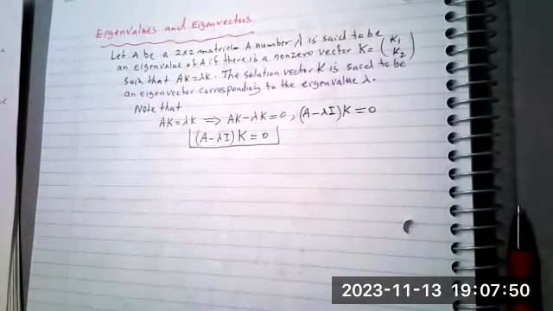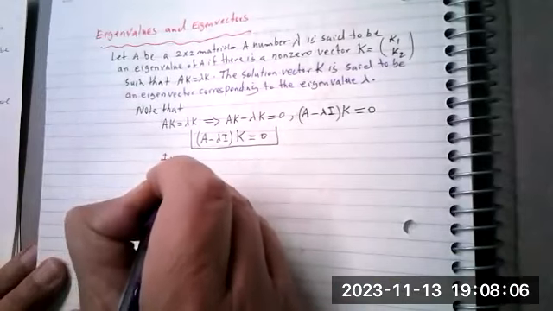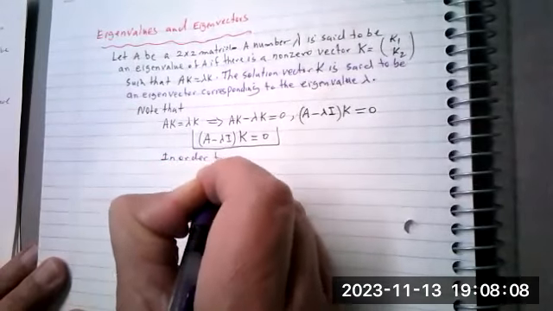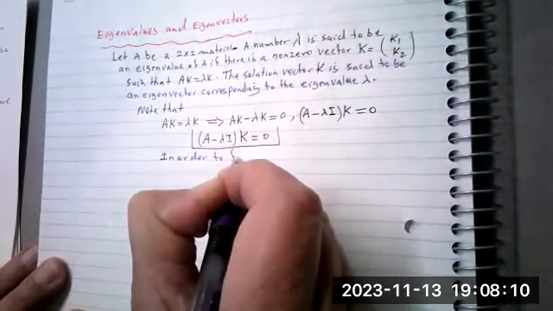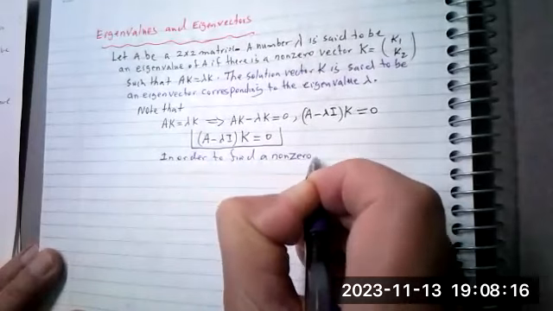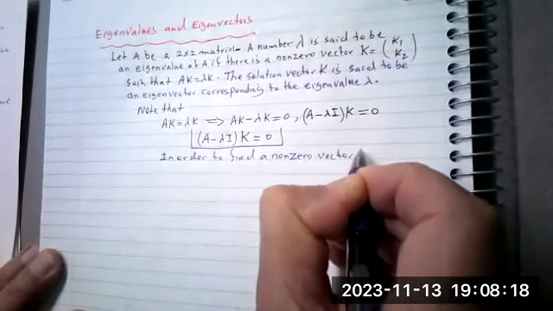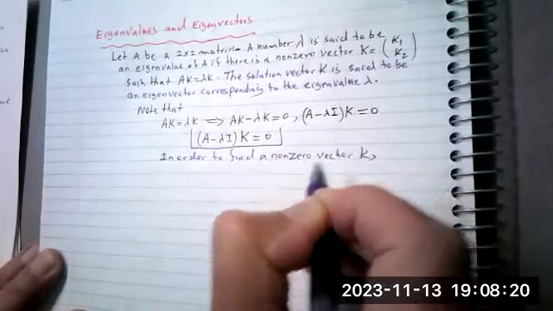So we are just using that fact: in order to find a non-zero vector K, the determinant of the matrix A minus lambda I must be equal to 0.